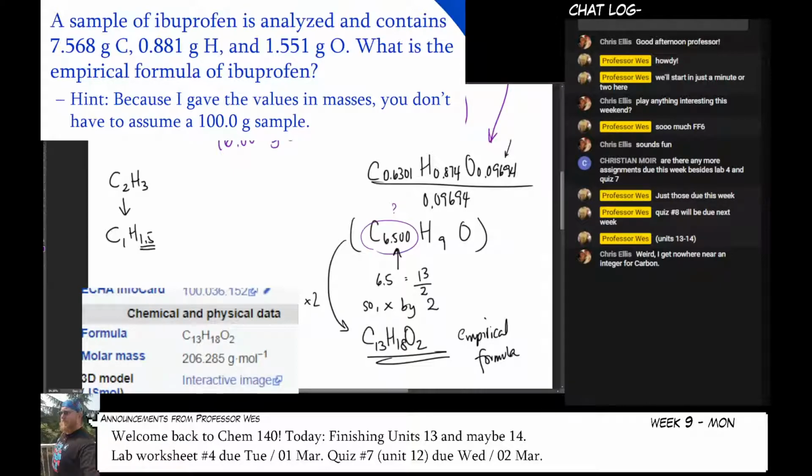So not only did we get the correct empirical formula, we got the correct actual formula too, which is kind of cool. So this is why I put this problem in here: you can sometimes land on a number that represents a half or a third or a fourth or something like that. And that occurs when you have no ones in your empirical formula. So be mindful of that potential possibility.